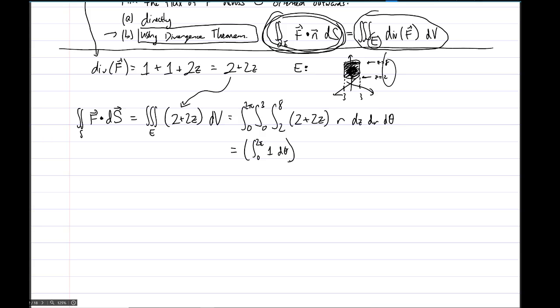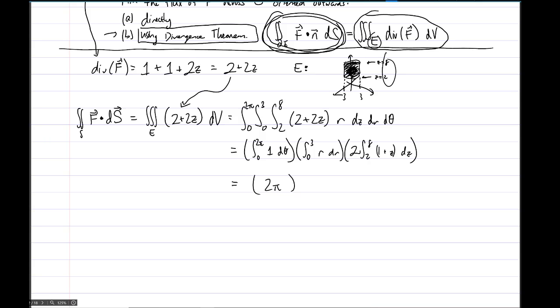There's no thetas being mentioned. For the r integral, because it's all in factors, we have the integral from 0 to 3 of r dr, and then we have the integral from 2 to 8 of 2 plus 2z. Let's just factor out a 2 here, so 2 times the integral from 2 to 8 of 1 plus z dz.